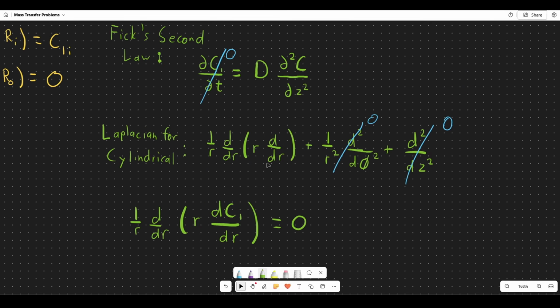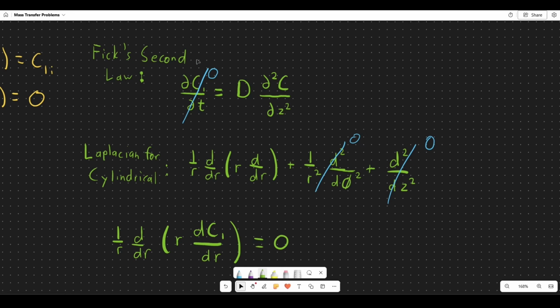And just going back, what we did was we realized that this is steady state, so this term goes to 0. This second derivative is for a Cartesian coordinate system, but what we did was we took this, I should do this in a different color, we took this and swapped it out since we knew that this is the correct system.